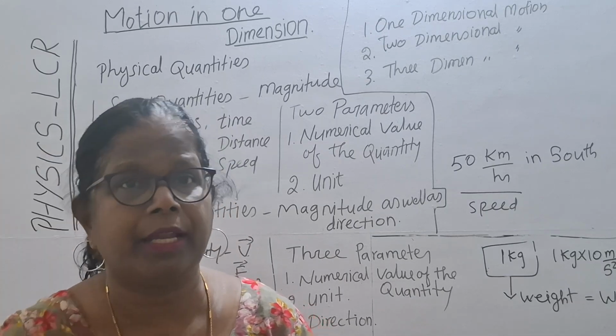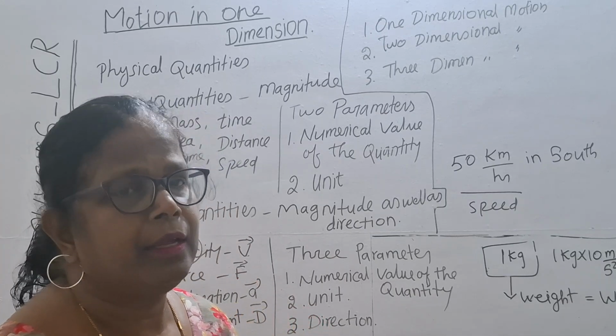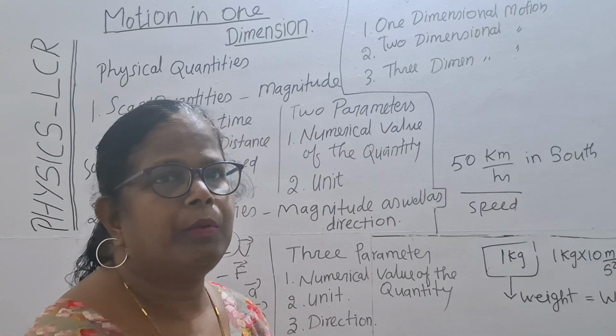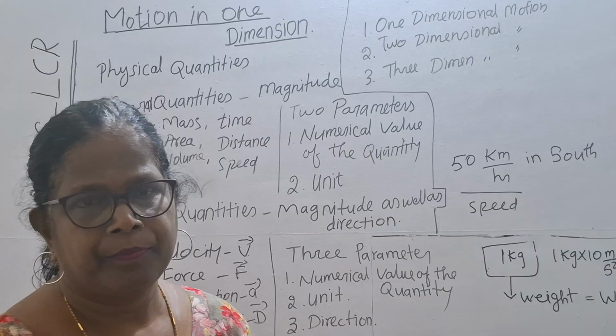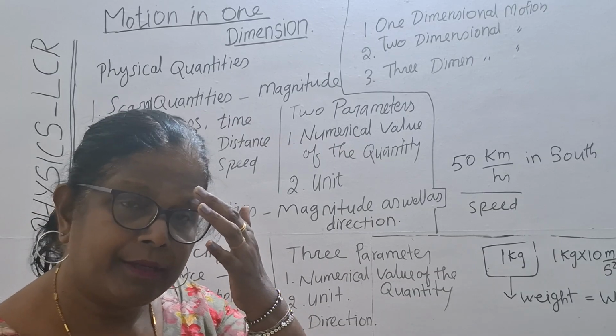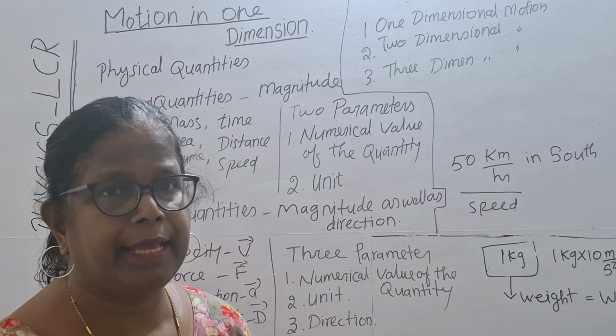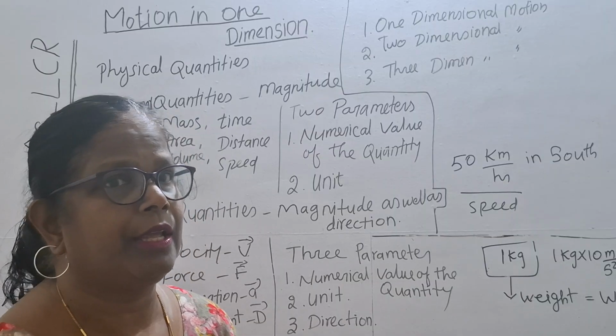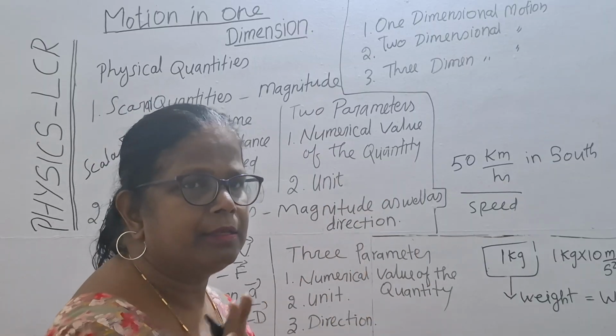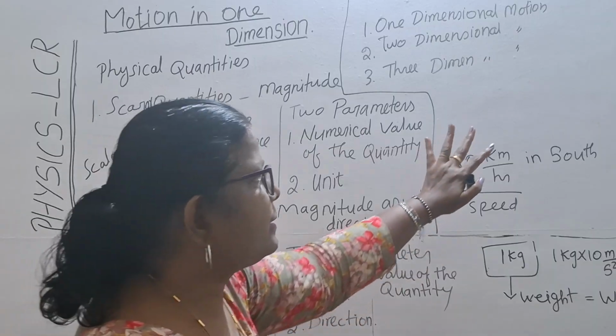Flights have a much higher speed, 400, 500 kilometer per hour. An aircraft travels with a speed of 500, 600 kilometer per hour. I will explain this next class, but this is about speed.